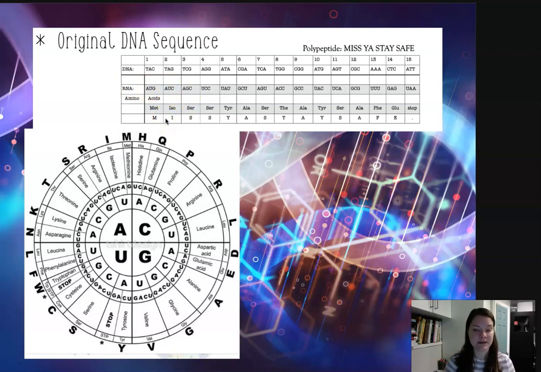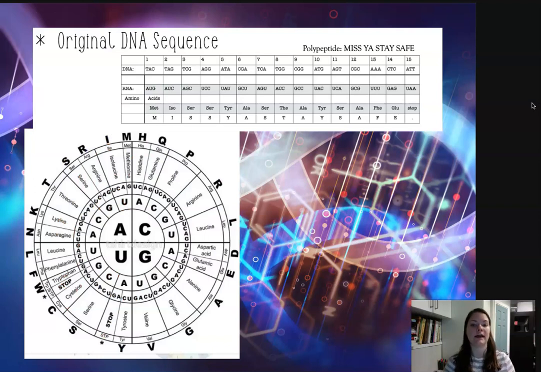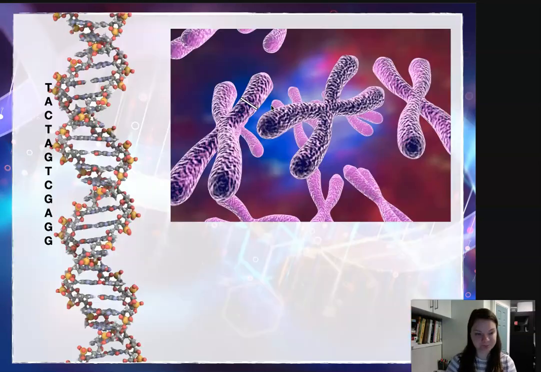And the protein sequence that we ended up with from this DNA sequence here was "miss ya, stay safe." Okay. So when we are looking at mutations, we're looking at any kind of change to the DNA or the RNA. If we change the DNA or the RNA, then that potentially means that we could affect the protein that results at the end.